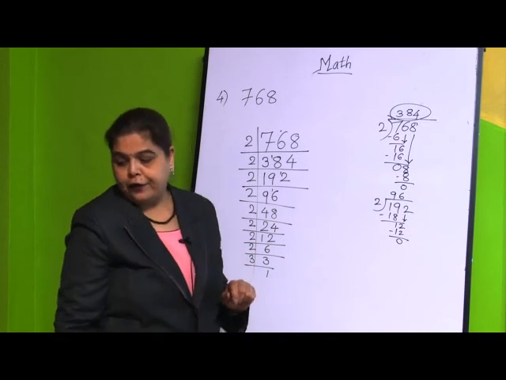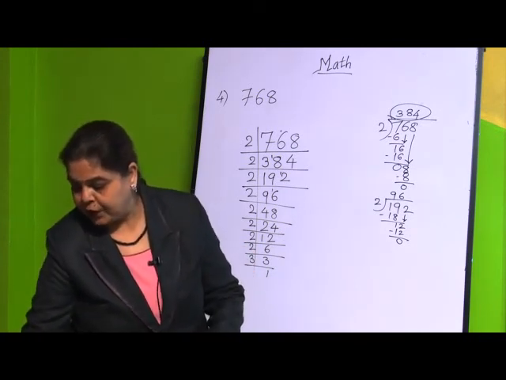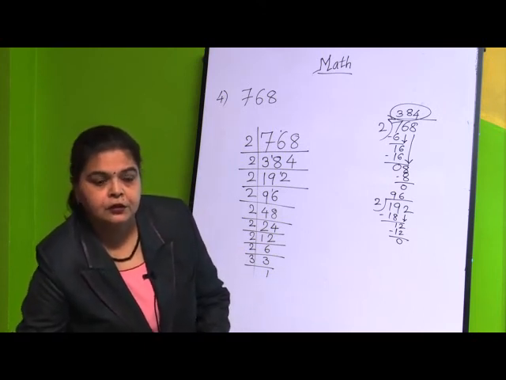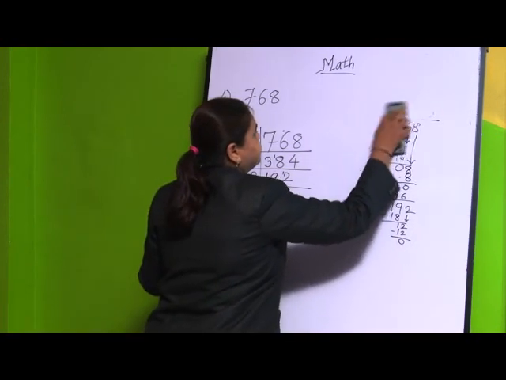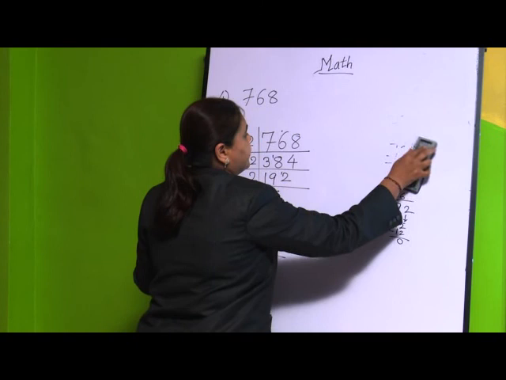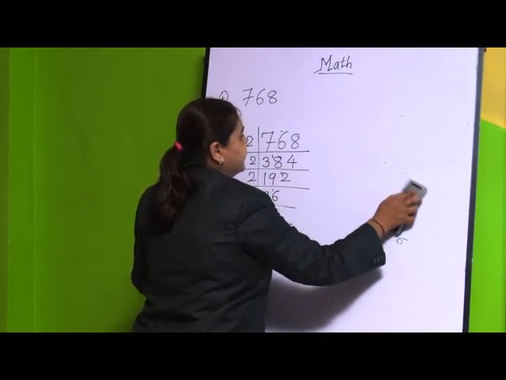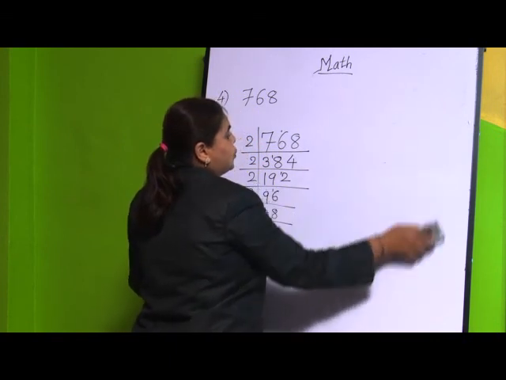Now we have to find all the factors, and we will write the factorization in exponential form. So, we will write down all the factors of the given number, that is 768, and write in exponential form.